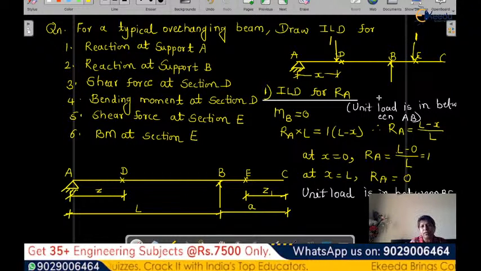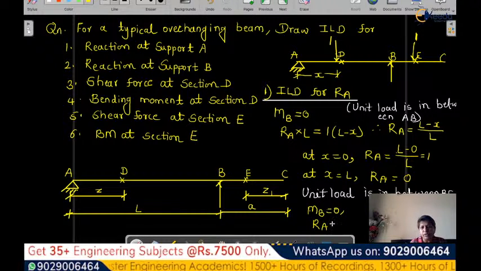When the load is here, again find the moment at support B. We will write the same equation, MB equals 0. We can write RA into L, load into perpendicular distance, because the moment is at B, but the unit load is now acting in the BC region. So we consider 1 into this perpendicular distance.